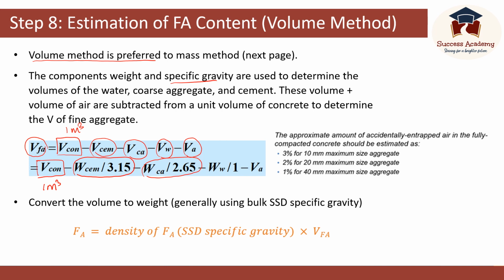And we can find the volume of water by dividing the weight of water by the specific gravity, which is 1. And we subtract the volume of air. Then we can convert this volume of fine aggregates to mass using this equation. We multiply it by the bulk surface saturated dry specific gravity of fine aggregates, and we can find the amount of fine aggregates in kilograms in a cubic meter of concrete mix.